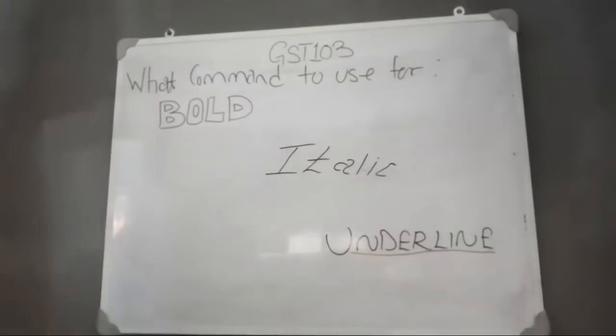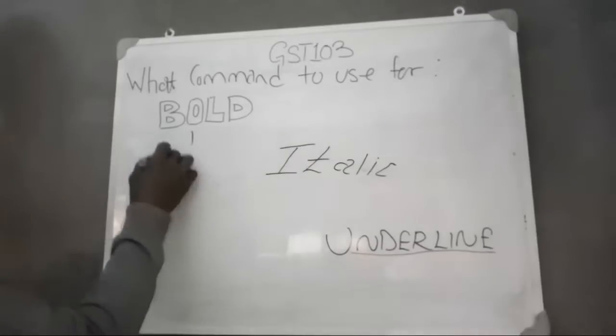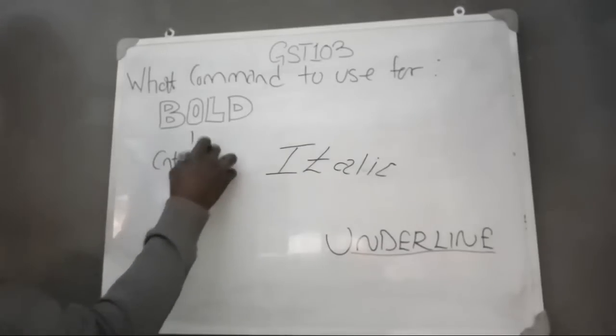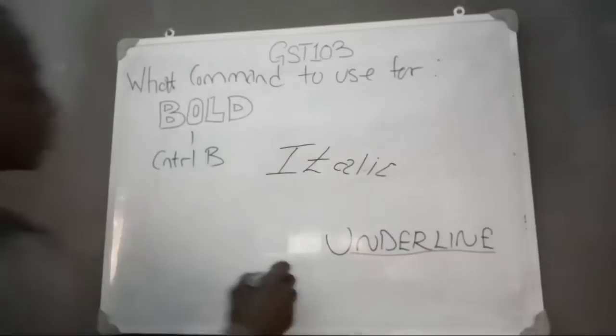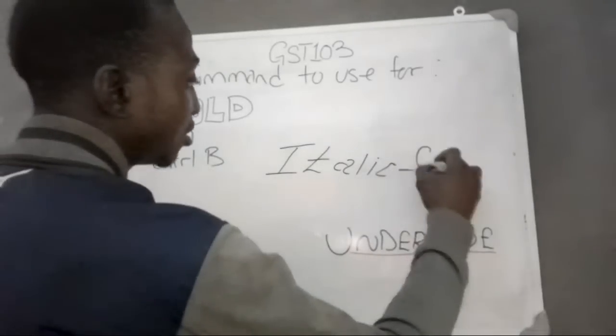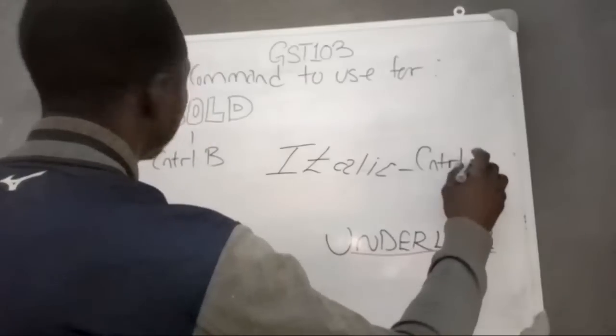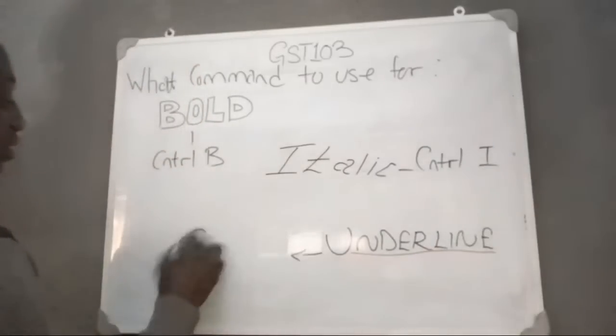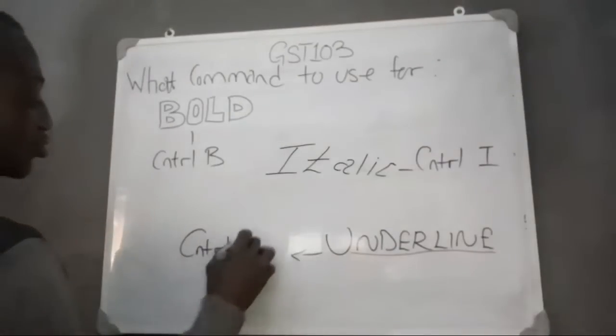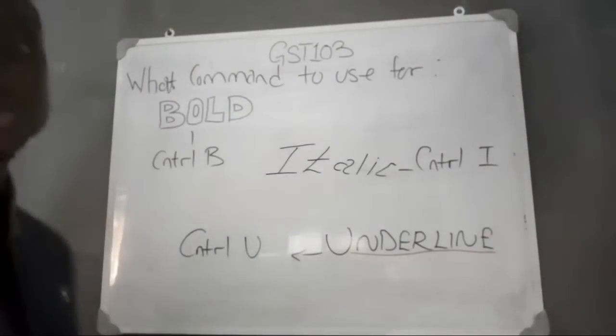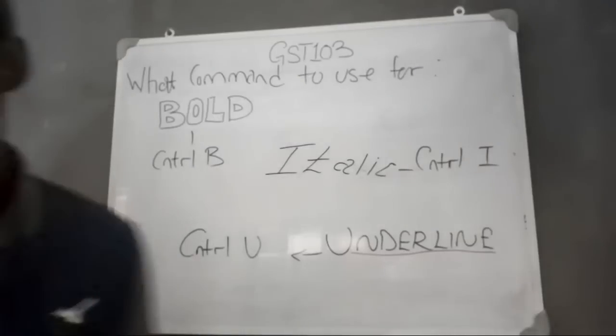This is Control B, this is Control I, and this is Control U. So now let's just move on.